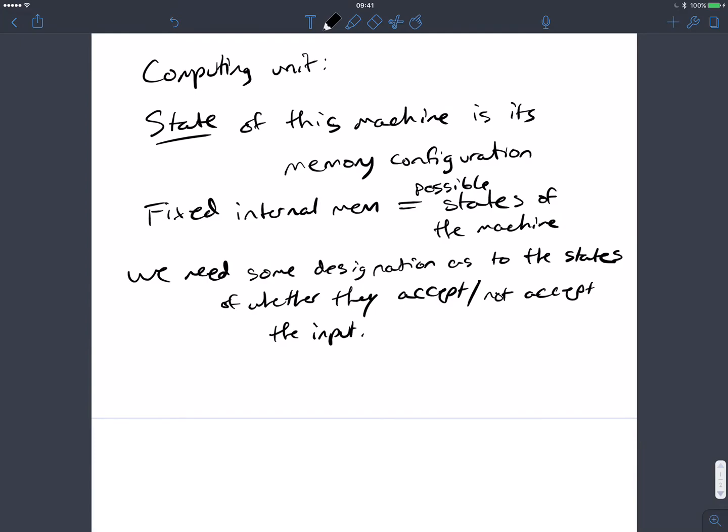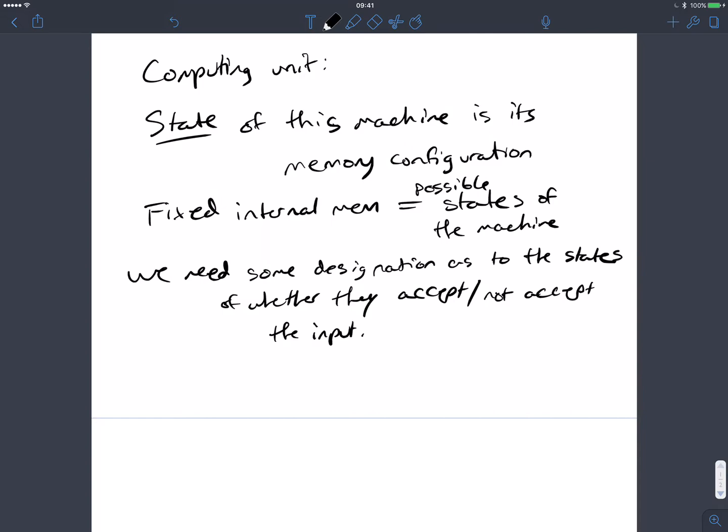Okay? We need some kind of qualifier to say, yeah, if we ended up in that state, we accept that input at that particular time. Or if we're in this other state, we don't accept the input at that time. Well, when I fire up that machine, what configuration am I in? I'm in some configuration of the memory, right? I don't know what that is.